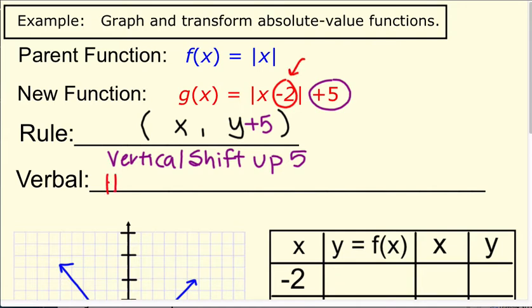So we say horizontal shift right 2. So if it's a right 2, we're affecting the x-axis. We're going to add 2. So there's now our rule, our verbal.